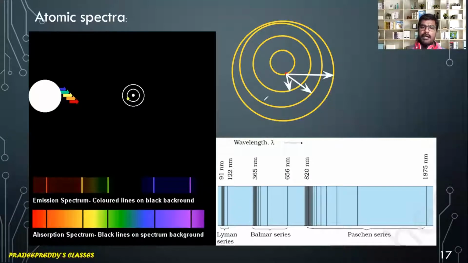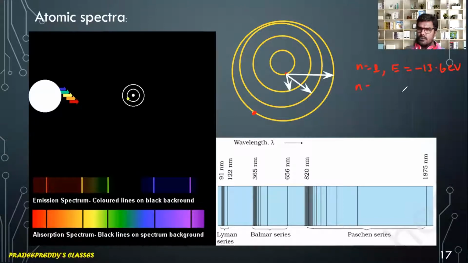Likewise, after absorbing energy, an electron can go from the innermost orbital to the outermost orbital. As we have already discussed, energy changes from orbit to orbit. The innermost orbital, n equal to 1, has energy E equal to minus 13.6 electron volt.